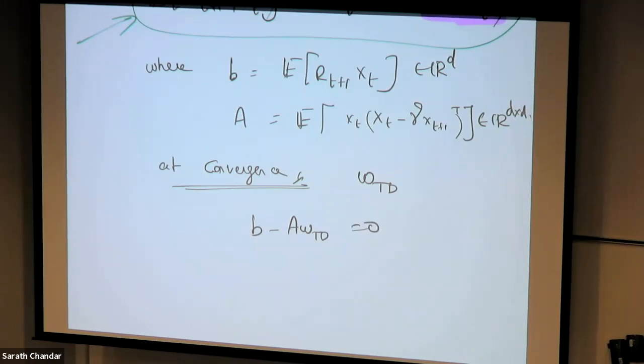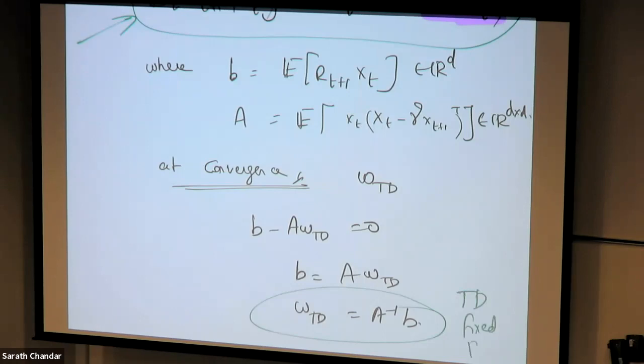Which means B is equal to A WTD, and WTD is going to be A inverse of B. So we have a closed form solution now. This is the TD fixed point. So your linear semi-gradient TD will converge to this fixed point. Is that clear?